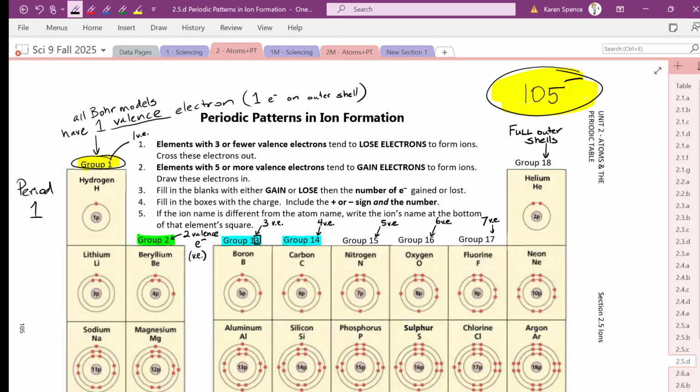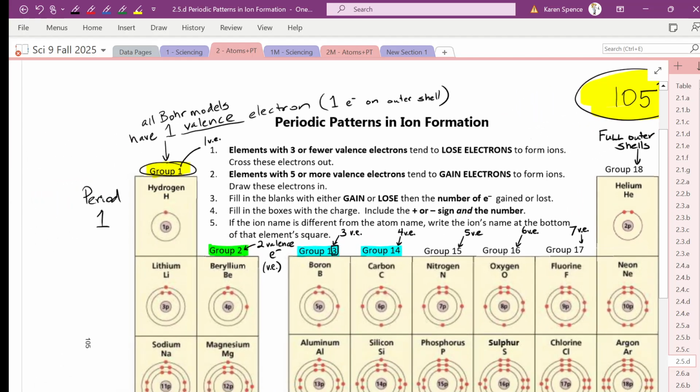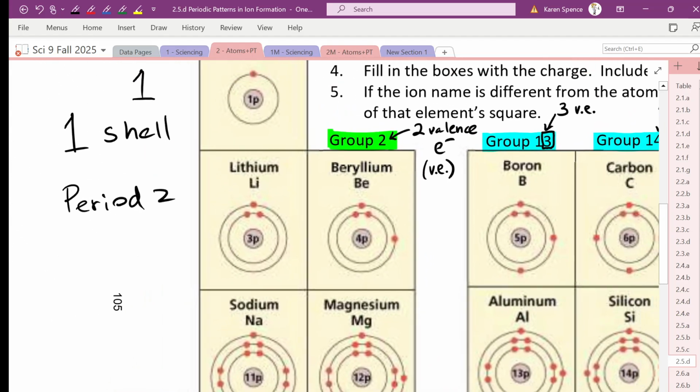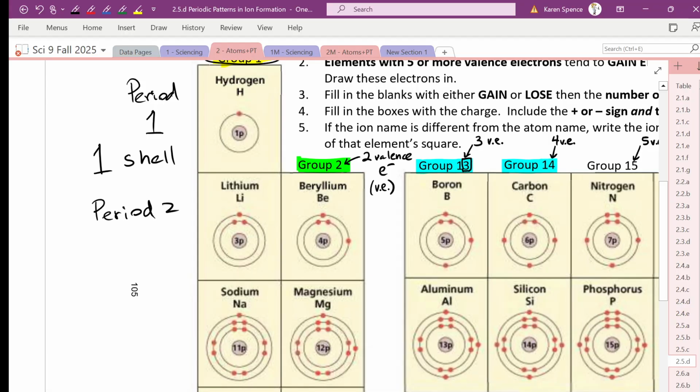8. Because as you go across the periodic table, you'll notice that in period 1, we just have 1 shell. In period 2, how many shells do we have? We have 2 shells. In period 3, how many shells do we have? 3 shells.